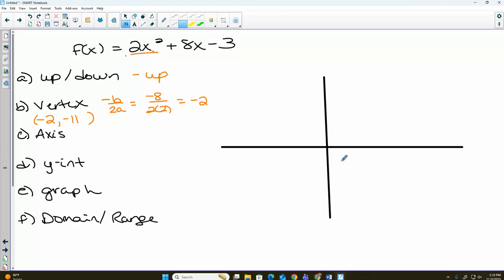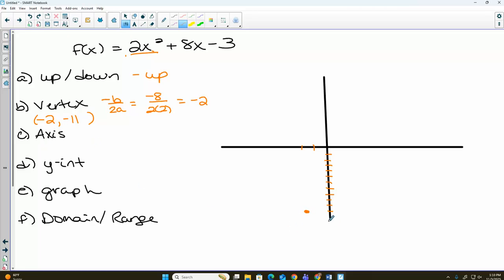Did you guys get negative 11? So negative 2, negative 11 is my vertex.